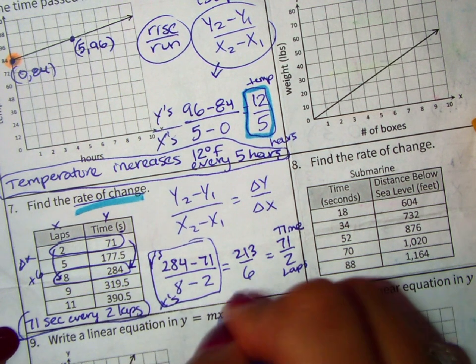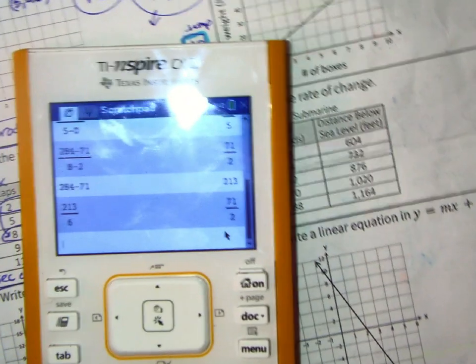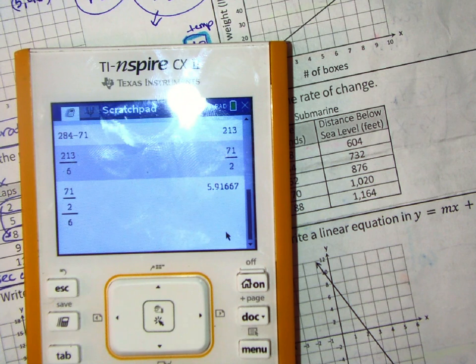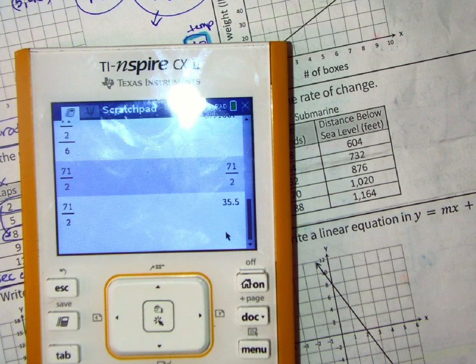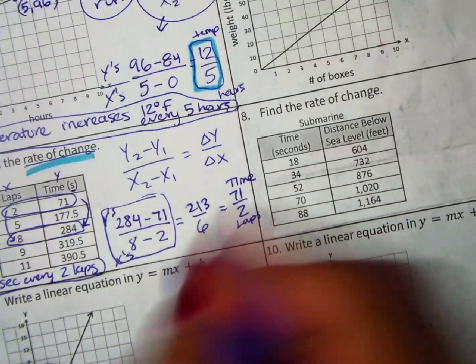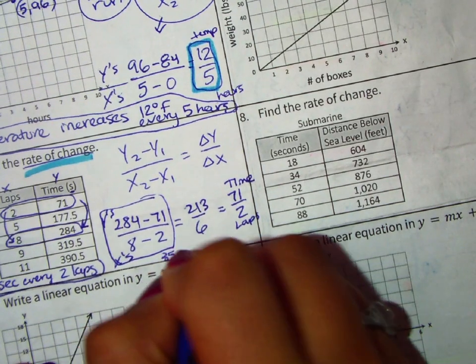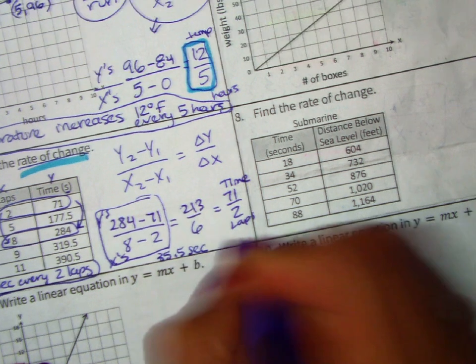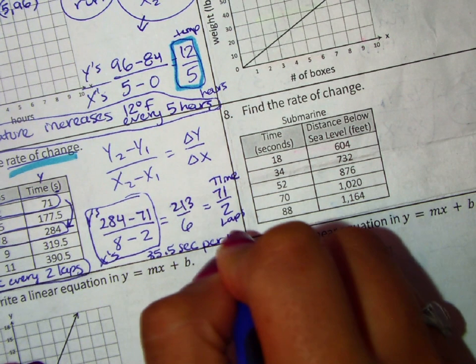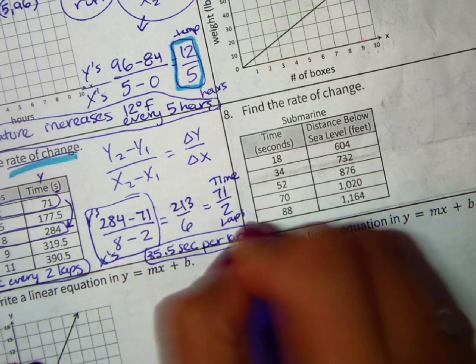Or we can say how much per lap. So you just turn this into a decimal, or divide 71 by 2 and turn that into a decimal. So it's 35.5. That means it takes 35.5 seconds per lap. So those two are the explanations for the scenario.